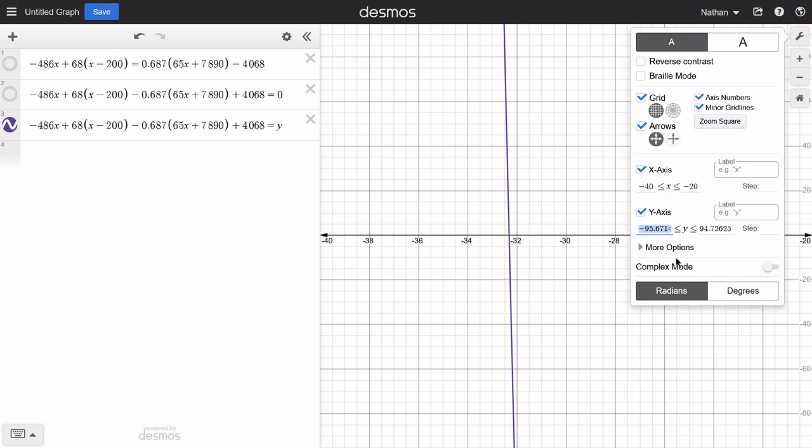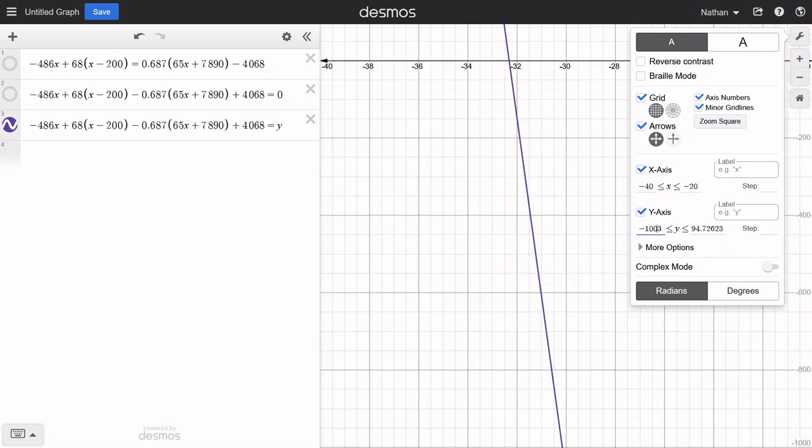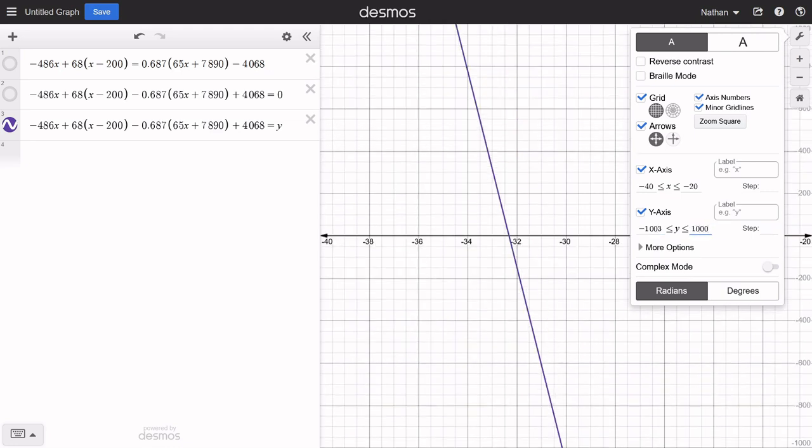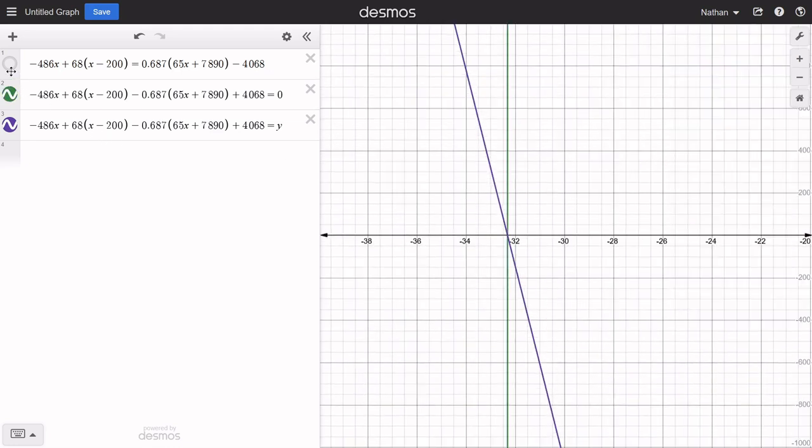And you can already kind of see it. There we go. So the first two were just vertical lines because those were actual solutions of the equation, and then this one is actually a slanted line there.